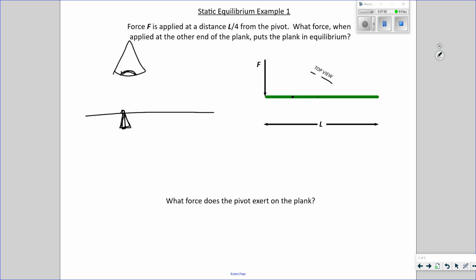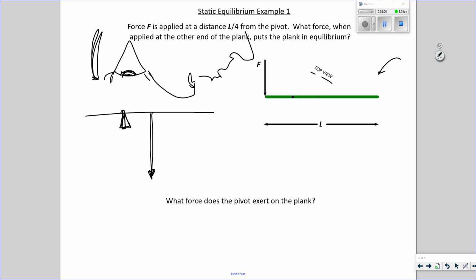Since we're looking from the top, we don't see mg pointing away from us. We don't draw it on this diagram.